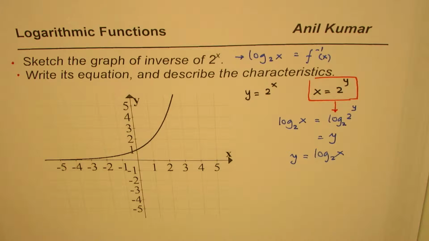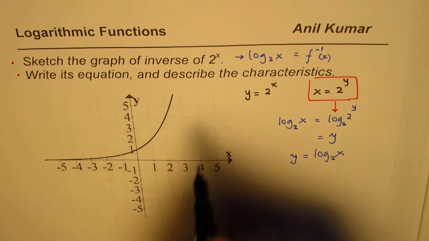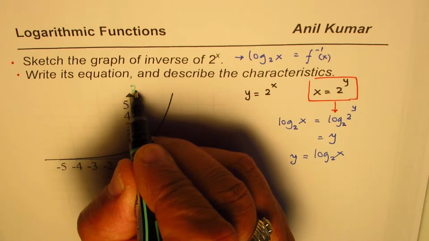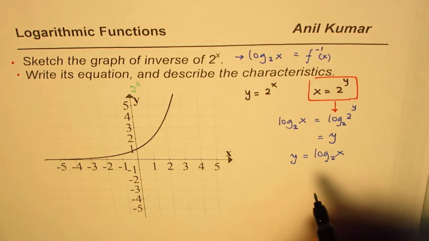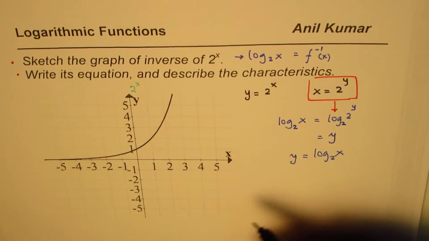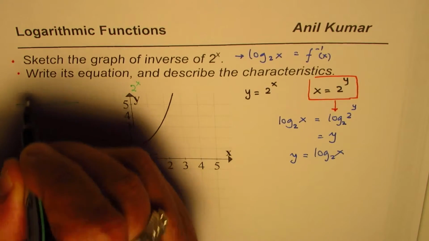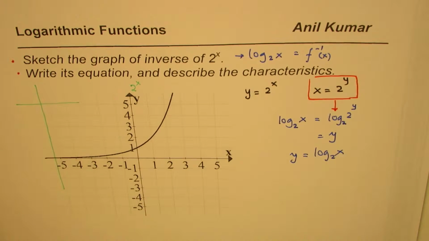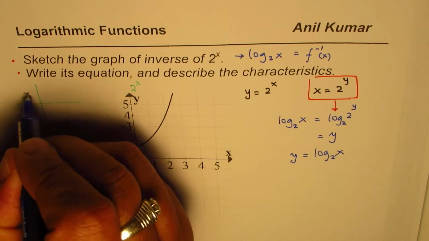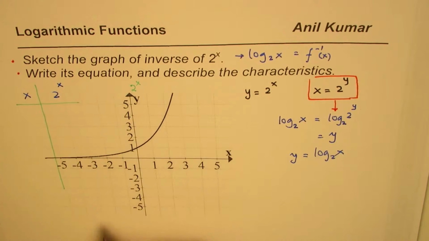Now what I did here was, I have sketched the graph of y equals 2 to the power of x. How did I sketch it? Simple as that. We just make a table of values, take some values of x and then calculate 2 to the power of x.